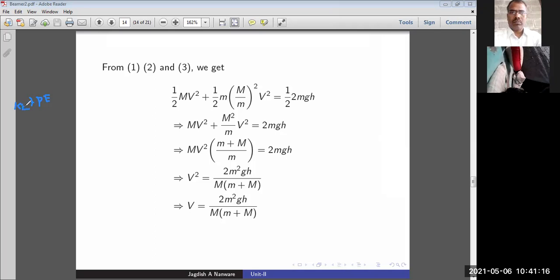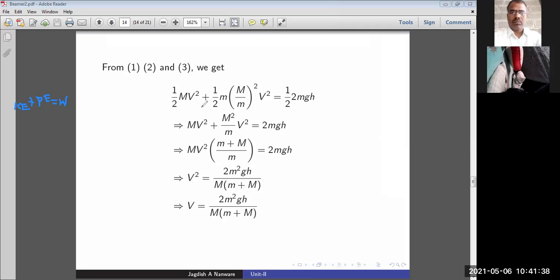So the sum of potential energy and kinetic energy is nothing but the work done by the force, or work done due to the impulse. Using this we call this the third expression, and we just put in the values of work done and this.